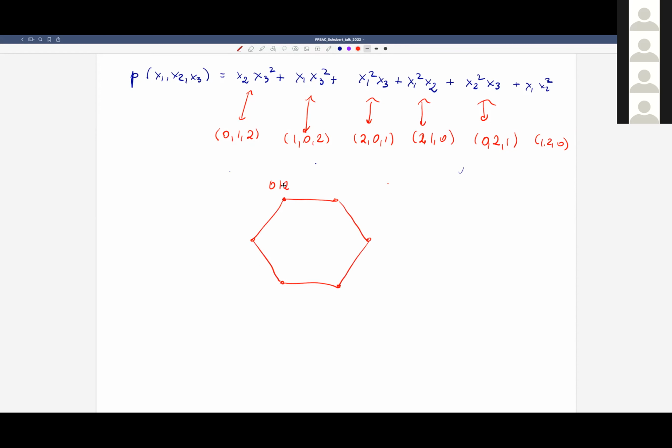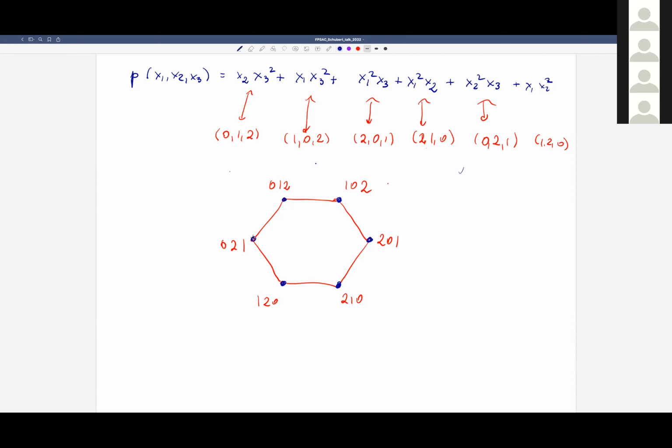So I'm just going to write the points here without the commas. If I'm just thinking about the support of this particular polynomial, the support will be these 6 points.